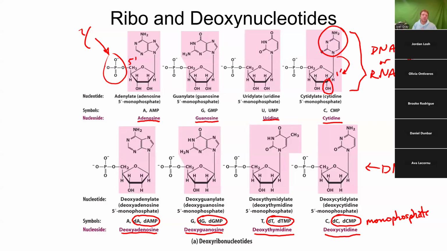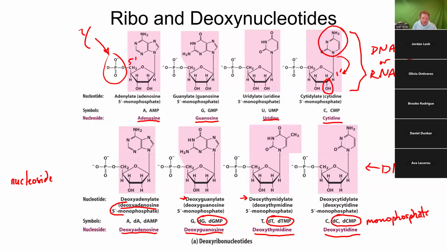Now, nucleotides do have specific names. For example, deoxyadenylate, deoxyguanylate, deoxythymidylate, deoxycytidylate. A more descriptive and maybe more comprehensive name would be something like deoxyadenosine. Okay, so deoxyadenosine, that is our nucleoside name. What's in the parentheses here is more comprehensive, and it's the naming that I always like to use.